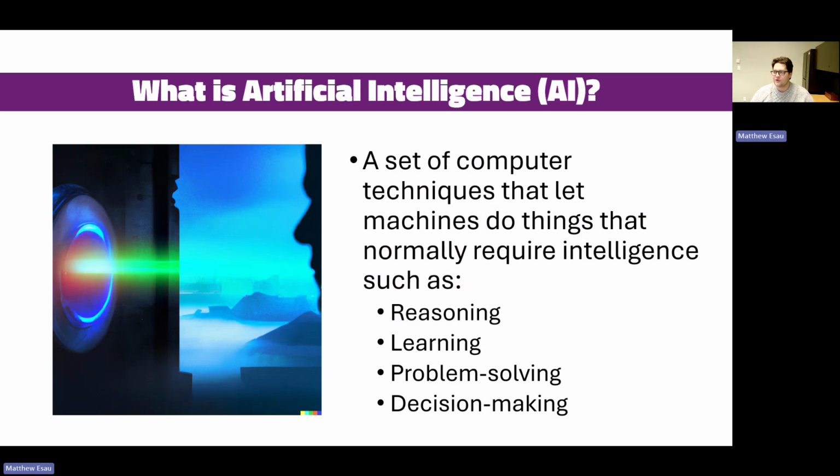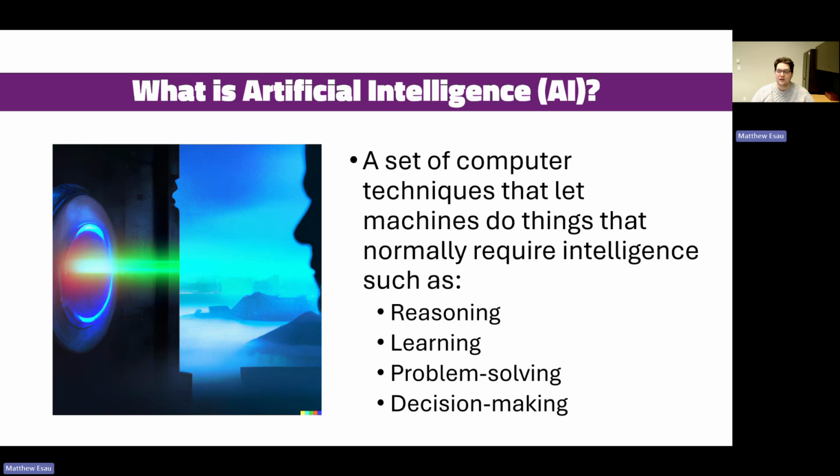The term artificial intelligence, AI, refers to a bunch of different computer techniques that are intended to make machines do things that we normally associate with intelligence, and specifically sort of human level intelligence.